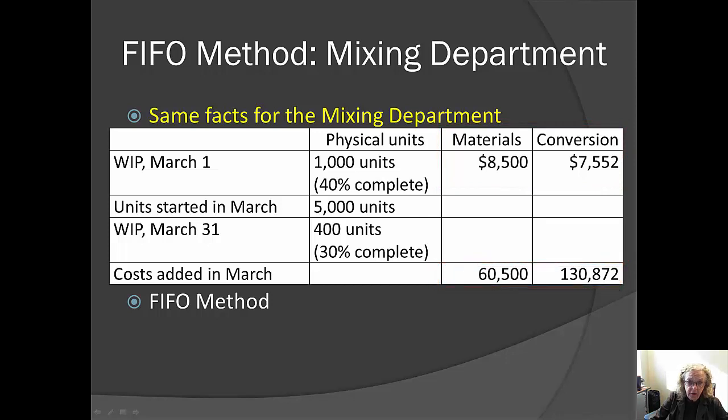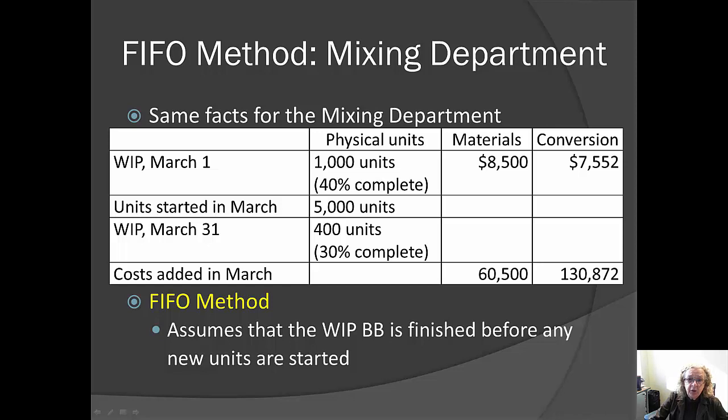Now, the FIFO method makes a very realistic assumption. It assumes that the work in process units that were started last period and are sitting there when our workers come in on the first day of the new period, those units will be finished before any new units are started.